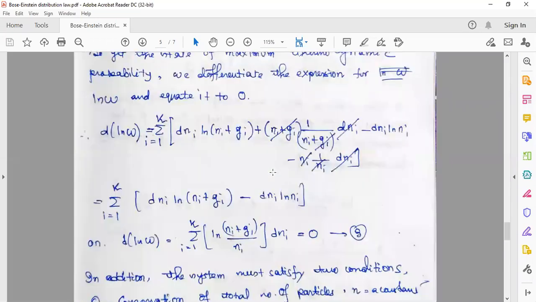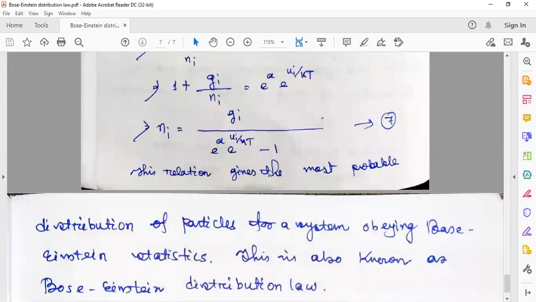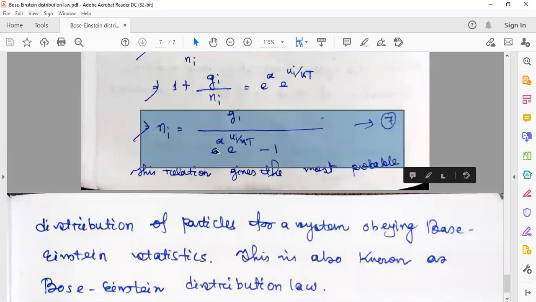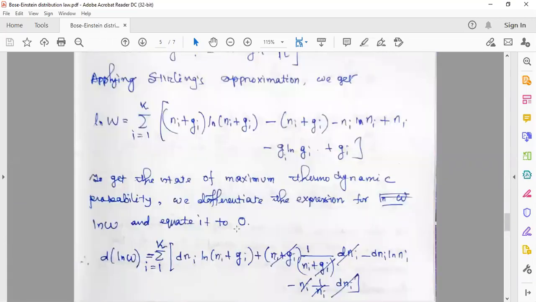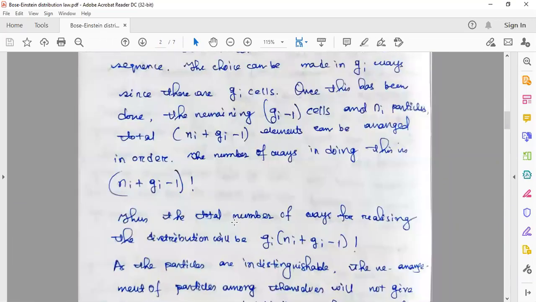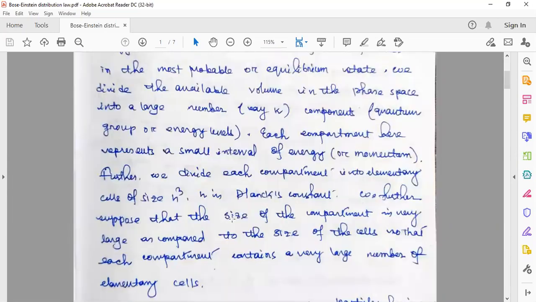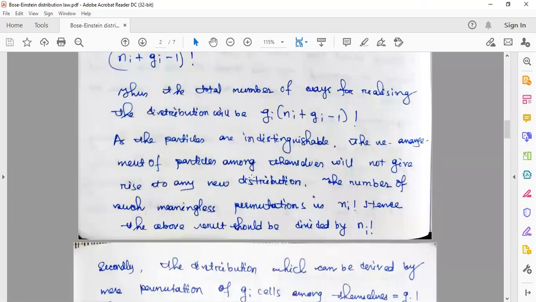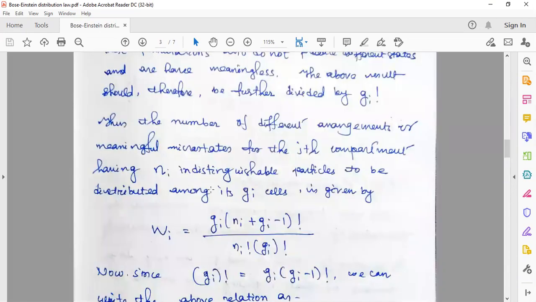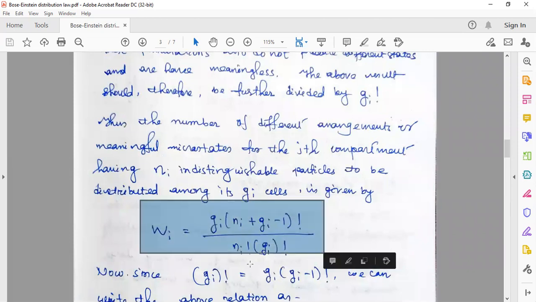Finally, the number of particles in a given cell also depends on some energy values and so on. But for the rest of the things in the middle, you need to take help from statistical mechanics.